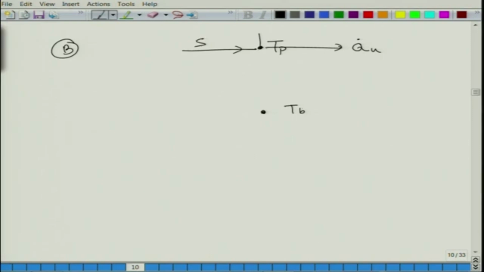So, it will be only conduction resistance. We can draw a single resistance here, which will be R conduction through the insulation layer, and the value of that will be delta x divided by K. Delta x is the thickness of the insulation layer and K is the conductivity.